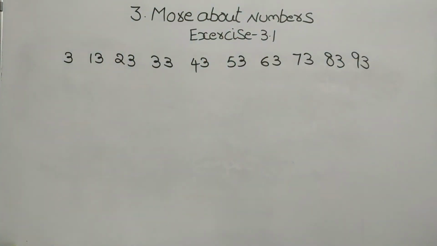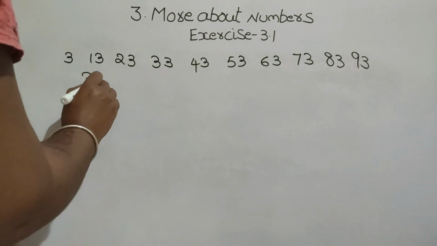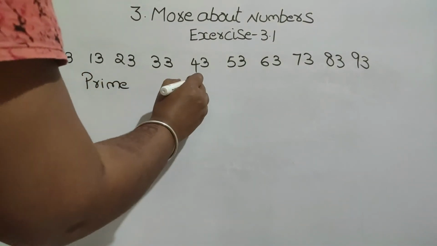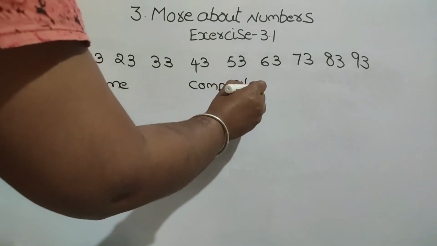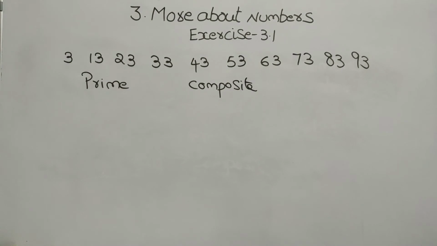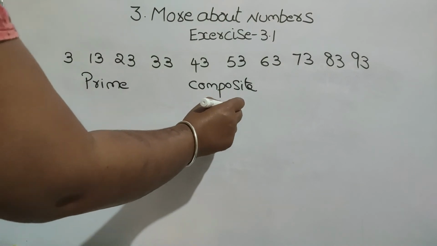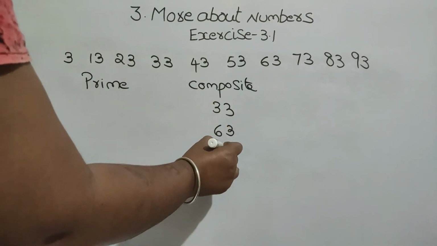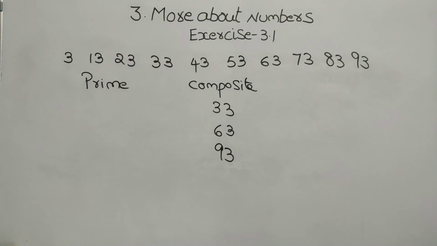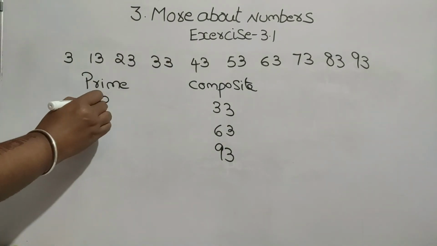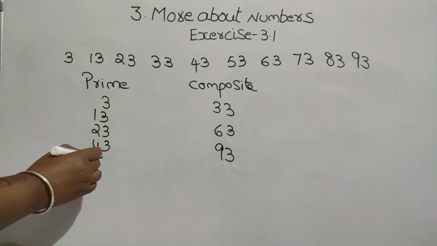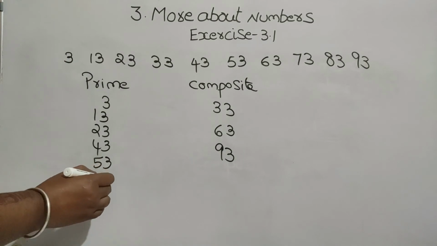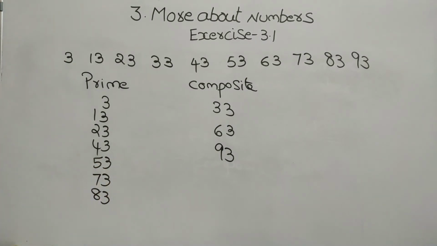In this, which are prime numbers and which are composite numbers? 33, 63 and 93 are composite numbers. The remaining, 3, 13, 23, 43, 53, 73, 83, are prime numbers.